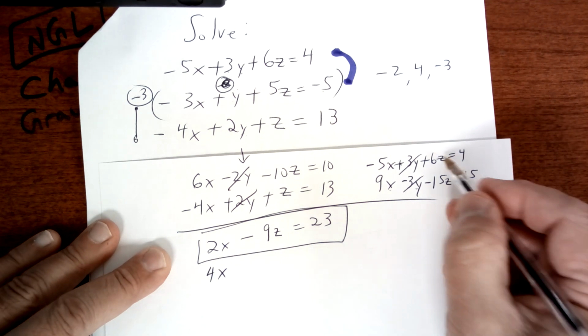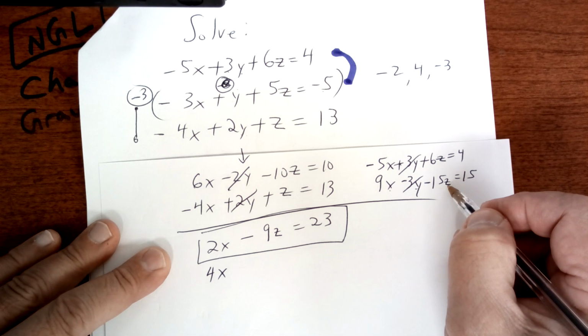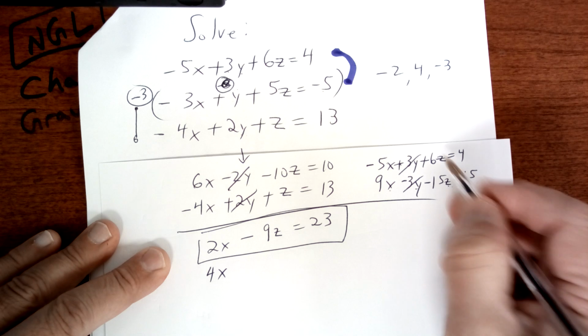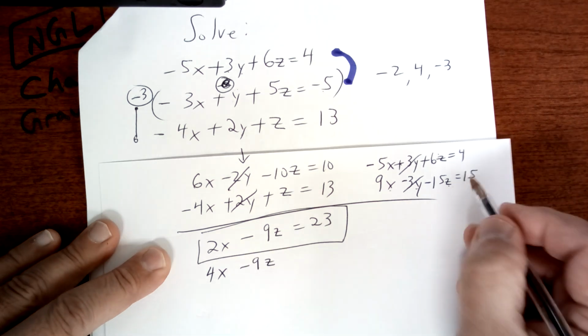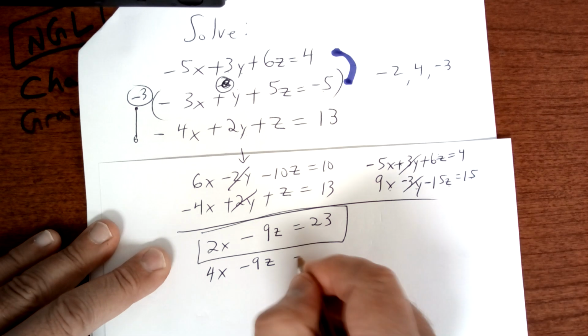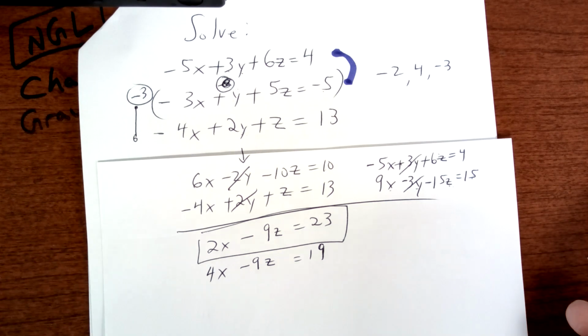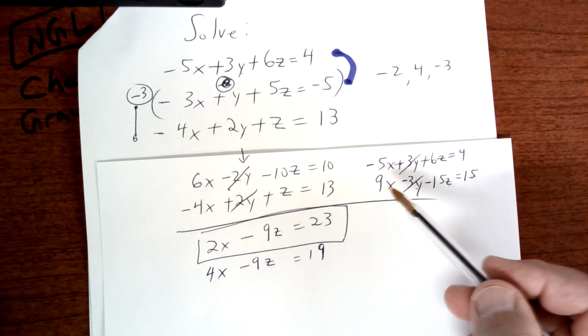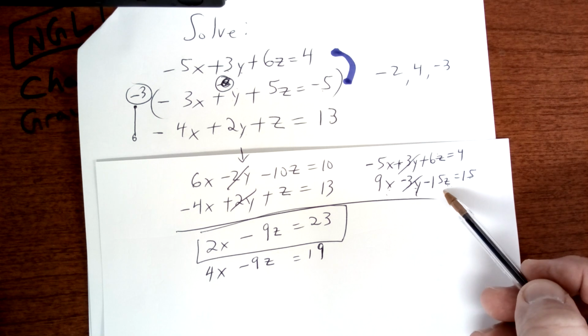This gives us 8, I think it is, or 7, let me think, or 9. That's going to be a negative 9z. And then this is going to be 19. Okay? So we have our two equations right here. Just double check. 4, that cancels. 9, negative 9, negative 19.